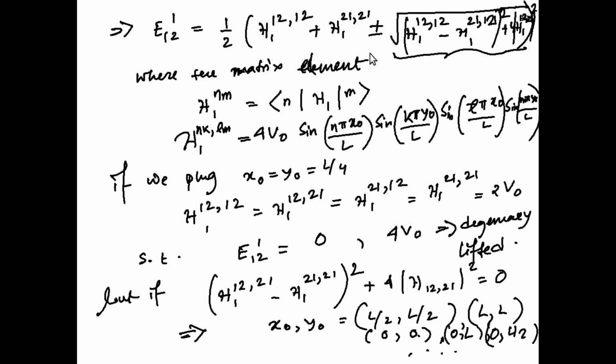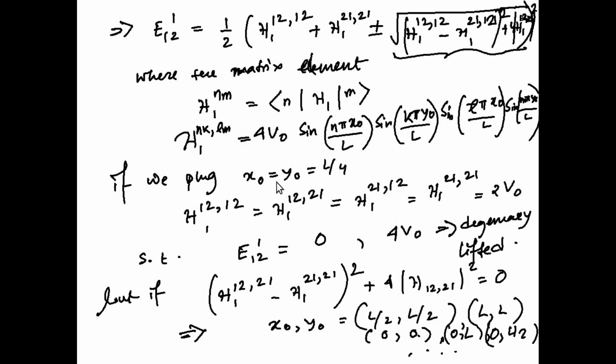So, what is this matrix element H1 NM? It is simply the sandwich between N naught and M naught. There is a typo, I should have written N naught M naught, because it is a sandwich between the unperturbed states. And similarly, this quantity NKLM is basically of this form, these matrix elements.